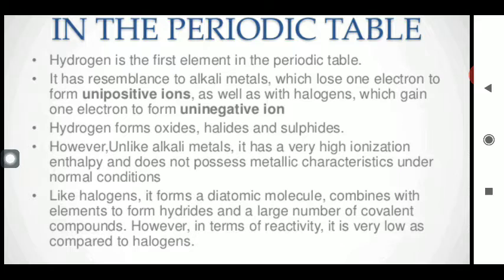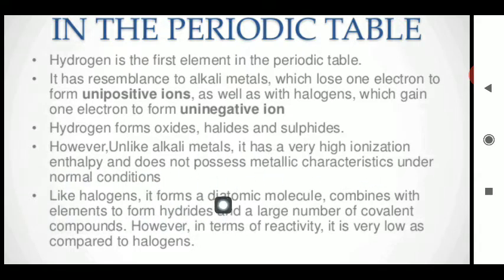So on the basis of this property, hydrogen should be considered a metal. You know what metals are? Elements that have a tendency to lose electrons, that show metallic character, that form unipositive ions or dipositive ions, you call them metals. So on the basis of this property, hydrogen must be considered an alkali metal.